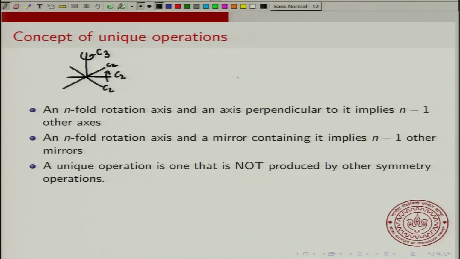Similarly, if you had a mirror plane and a C3 axis, let us say the C3 axis lies in the mirror. The mirror plane is shown dashed, and it is perpendicular to the screen of the paper.